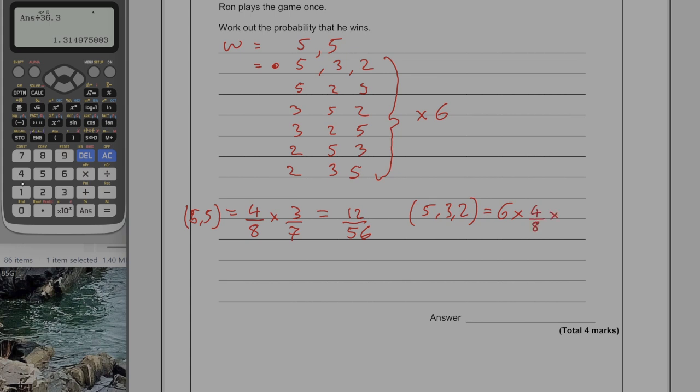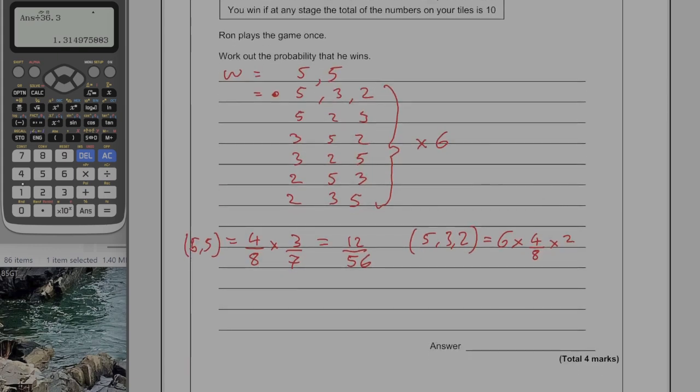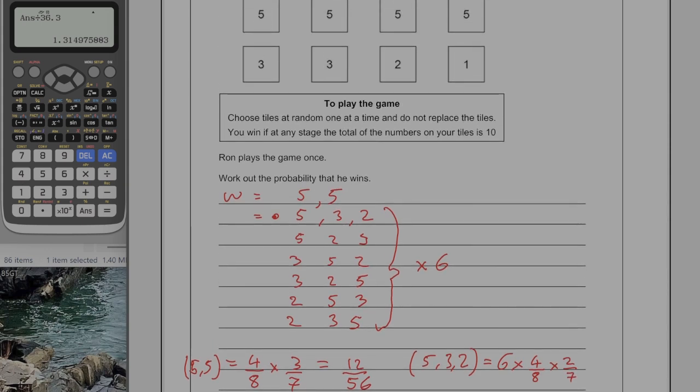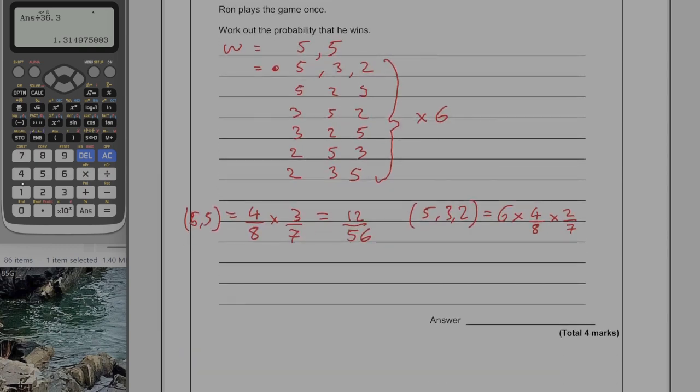Probability of picking a 3 the second time would be 2 out of 7. And then the probability of picking a 2 would be 1 out of 6. And actually that and that would cancel. So that's going to be 8 out of 56.